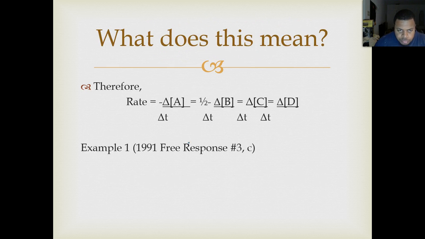We can say the rate equals the negative change in A over the change in time, which also equals one half the negative change in B over the change in time. And C and D, of course, are the same way as we talked about before.